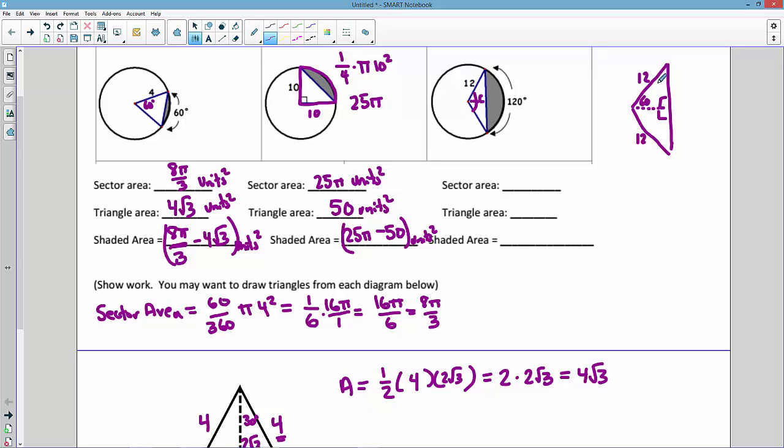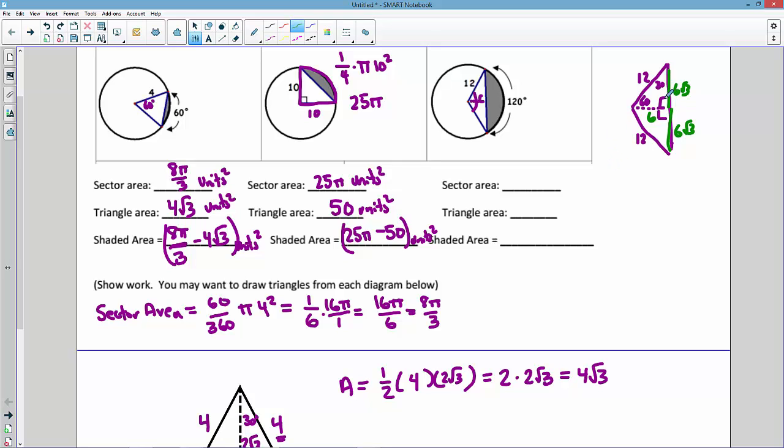And of course, this is 90, and that's 30. Now we have a 30, 60, 90 triangle where the hypotenuse is 12. Hopefully you remembered that or looked it up. That makes the short leg 6 and the long leg 6 radical 3. And of course, that makes this leg 6 radical 3, from here to here.